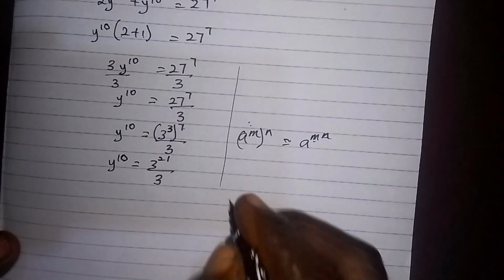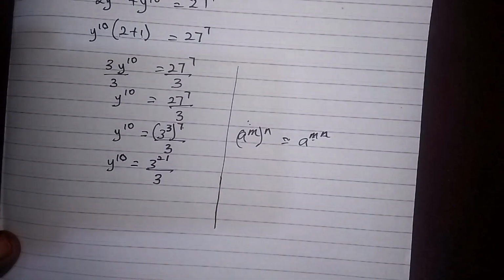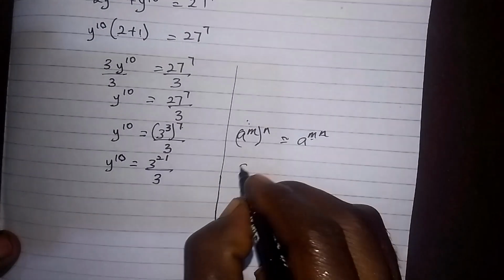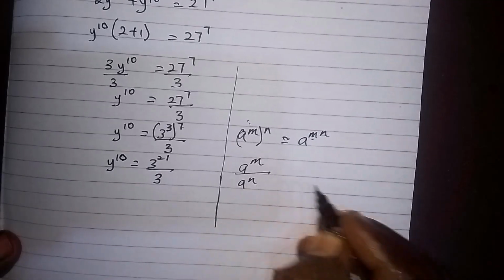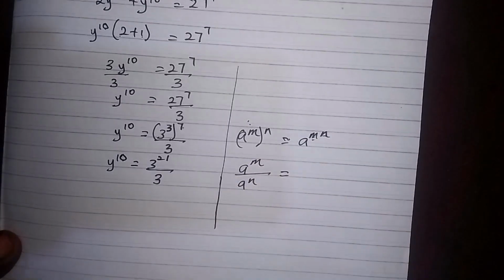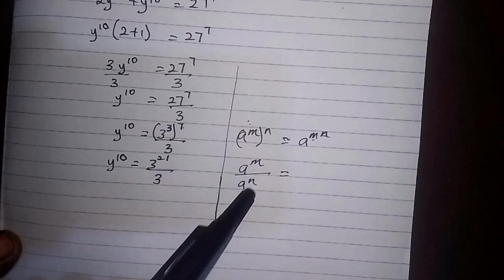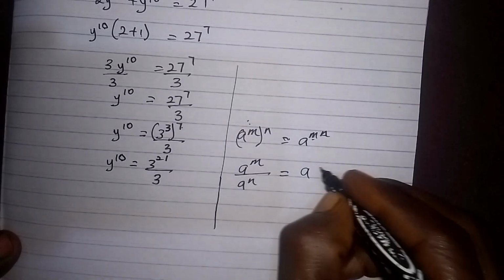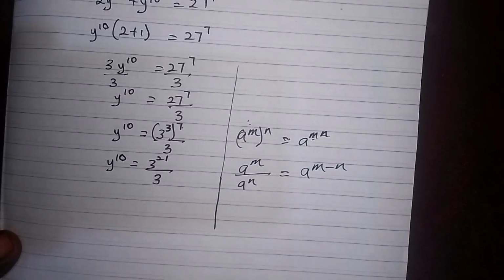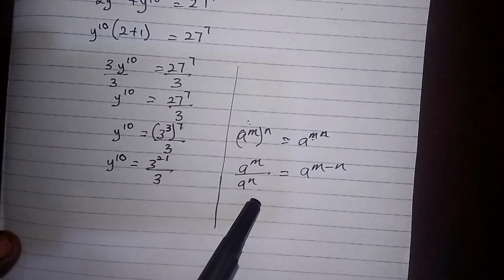From this, still going by the laws of indices, I have a raised to the power m over a raised to the power n. From the laws, when I have two numbers dividing with the same base, we keep the base and subtract the exponents. That is when they are dividing.